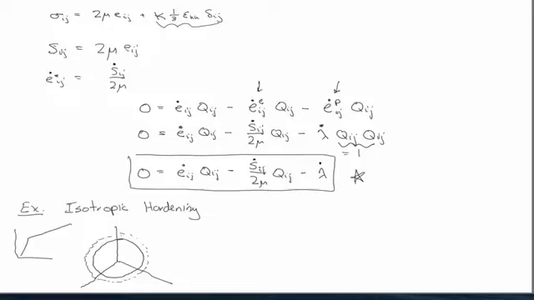There is another type of hardening called kinematic hardening, and in kinematic hardening, the yield surface translates. So if you only had kinematic hardening without isotropic hardening, the yield surface would stay the same diameter, but it would move in stress space. And the reason this causes hardening, especially in one direction, right?